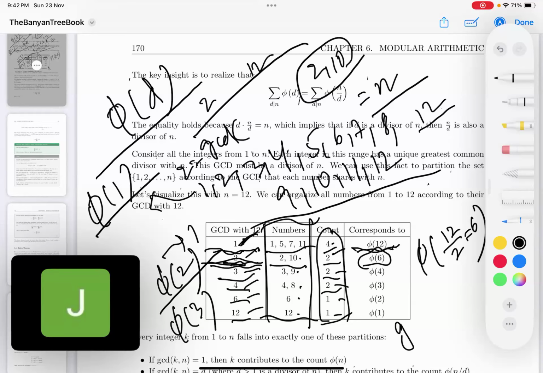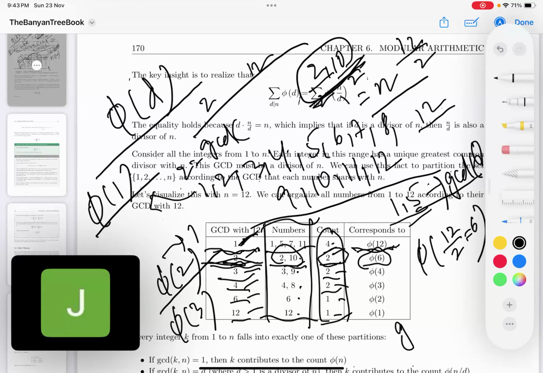Now if we divide these by 2, it means 1 and 5 are co-prime to 6, correct? The count remains the same. The point is that you just divide by 2, which is the GCD, and it gives you the count of phi of 6.